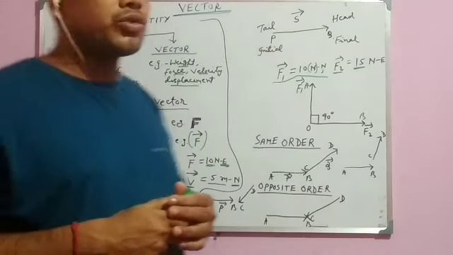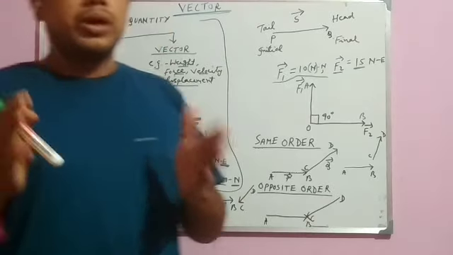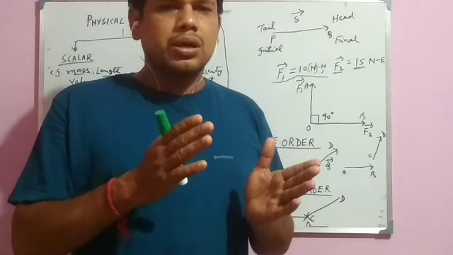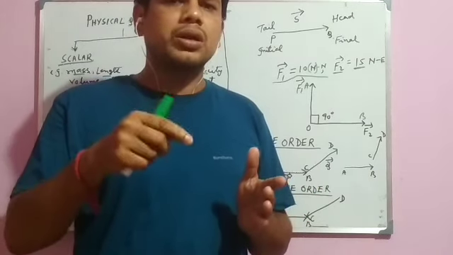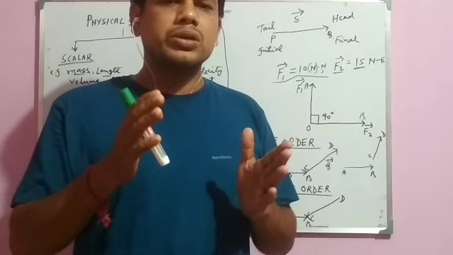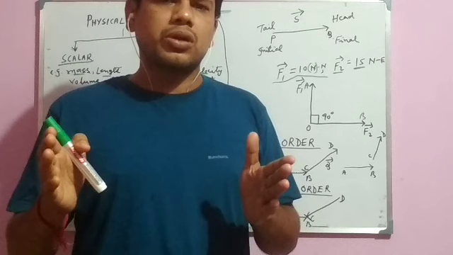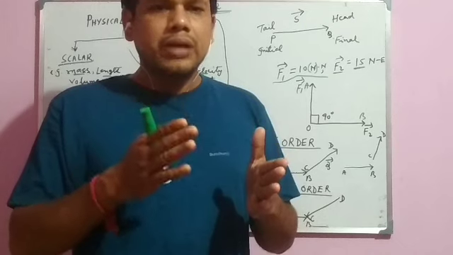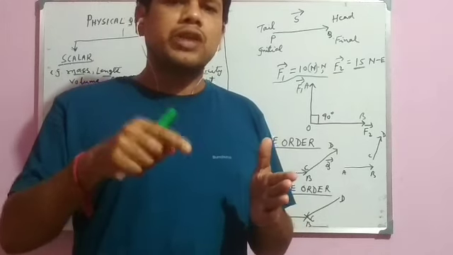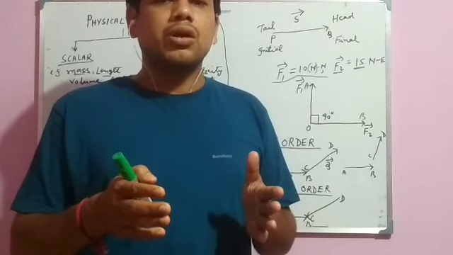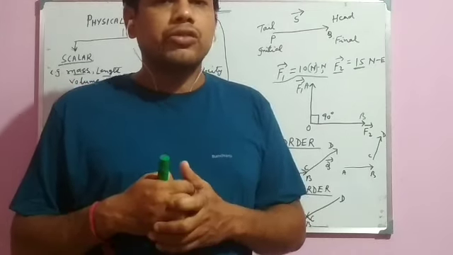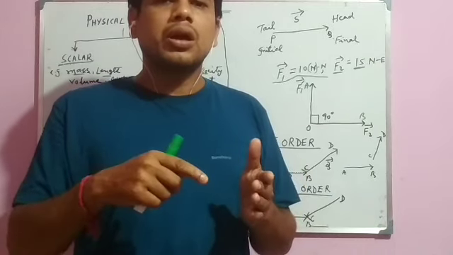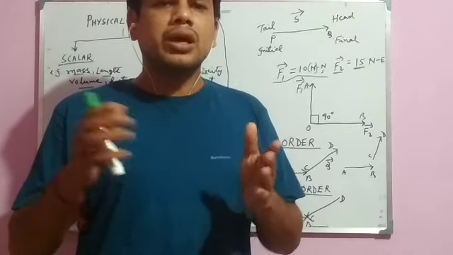We say that two vectors are in same order when the head point of one vector coincides with the tail point of another vector. And they are in opposite order when the head point of one vector coincides with the head point of the other vector. Or you can say when the tail point of one vector coincides with the tail point of another vector, they are in opposite order.